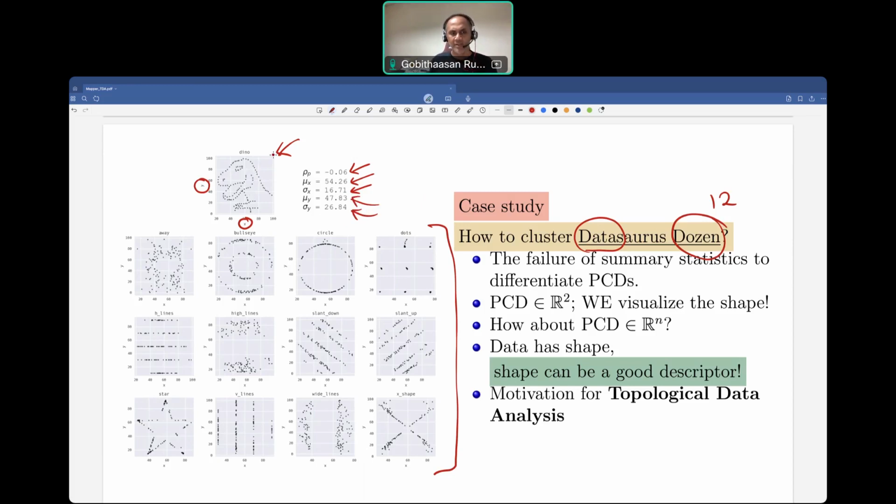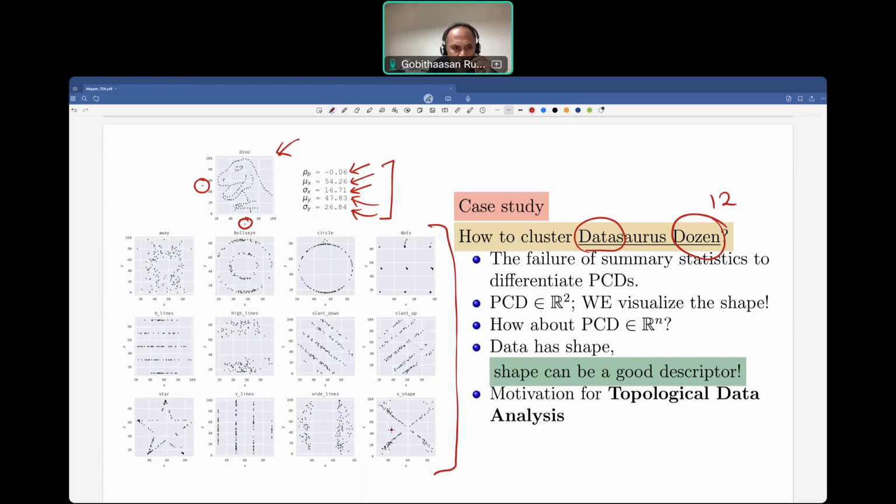Now, if you were to do statistics with this, there's a high chance that whatever model or test you use will fail, because they all have similar descriptive statistics, right? Whereas if you do a simple thing like just plot a scatter plot and have a look at it, they have distinct structures or shapes, right?